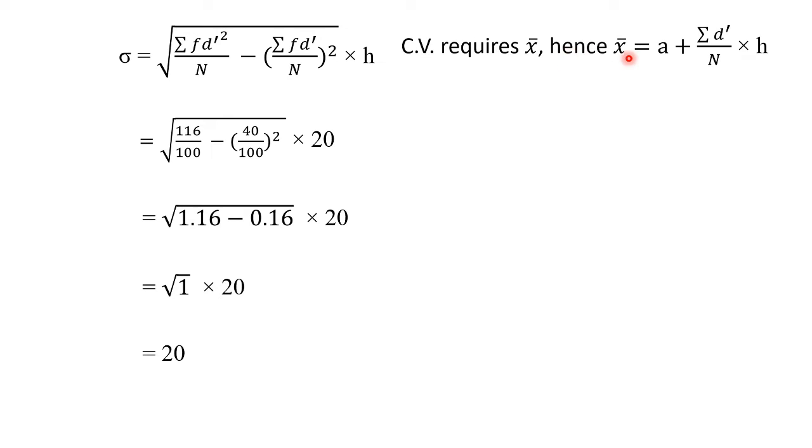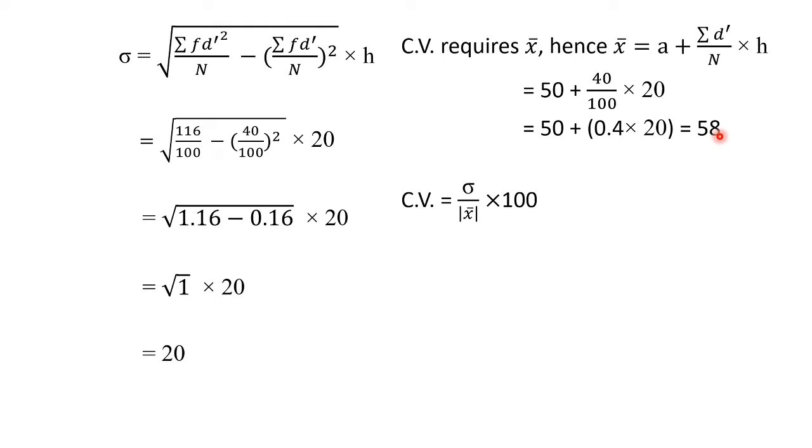CV requires x bar. So we have to find x bar is equal to a plus summation of f into d dash divided by n into h. Put this value a 50, f d dash 40 from the last slide's table, divided by 100 into 20. After solving this, we get 58.